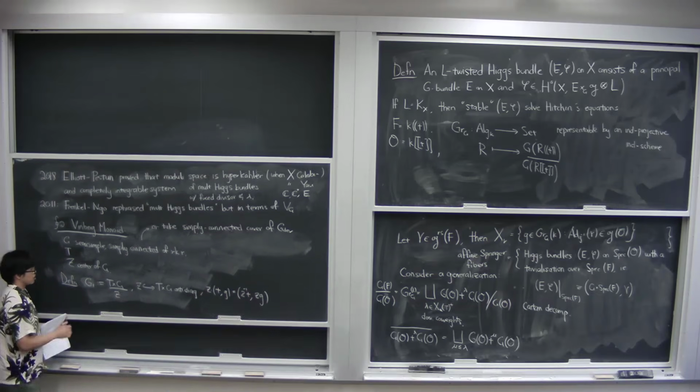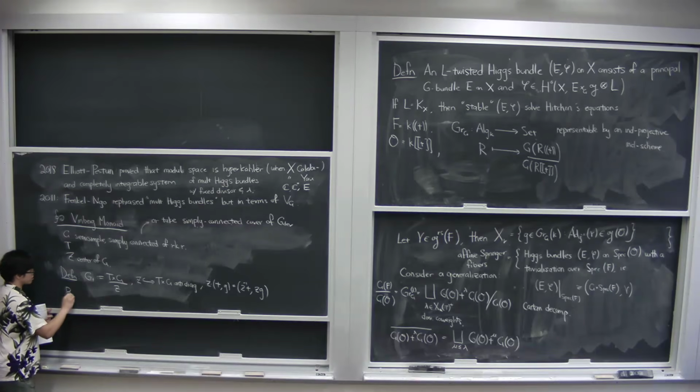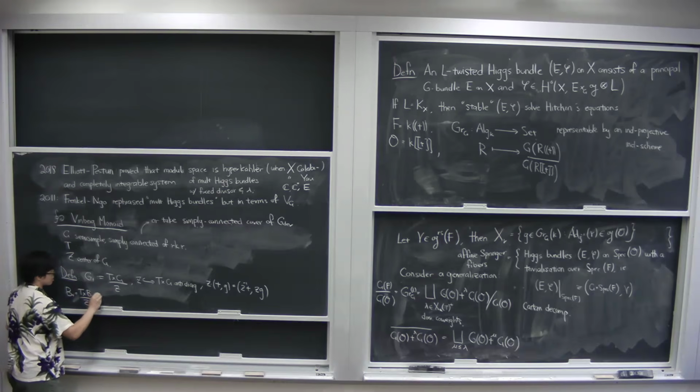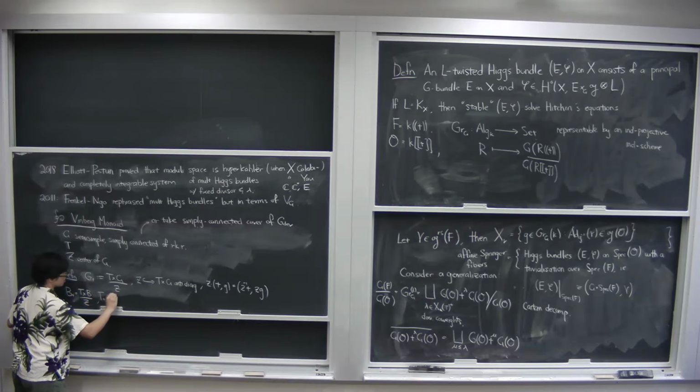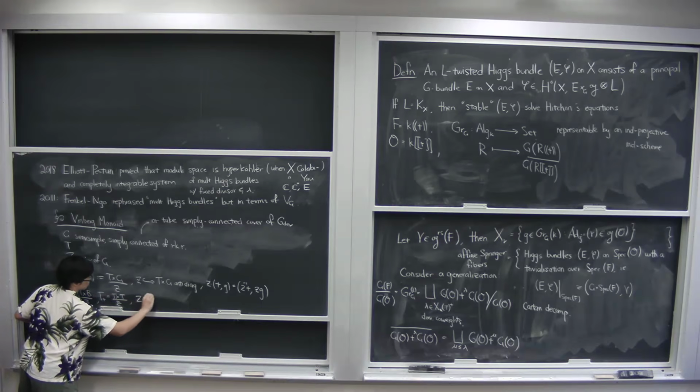So you can consider other subgroups, like B plus, which is (T times B) mod Z. T plus in particular is (T times T) mod Z. And Z plus is just T.